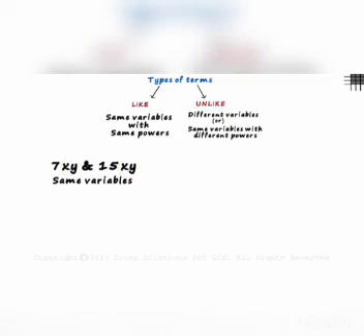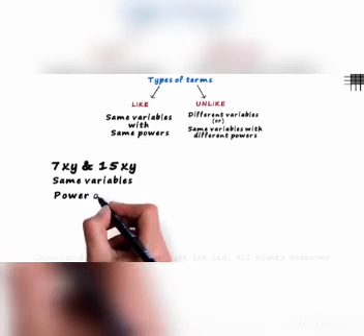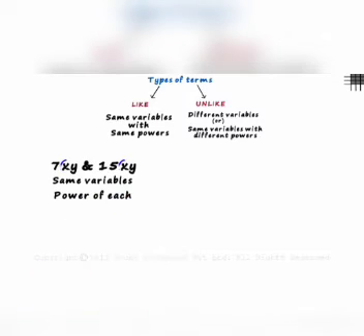The next thing we need to compare is the power of each variable. The powers of x are the same in each term, it's 1. And yes, the powers of y in each term is also 1. As both these conditions are satisfied, we can say that they are like terms. Same variables and same powers of each variable.